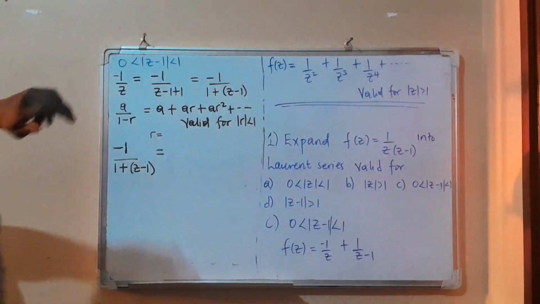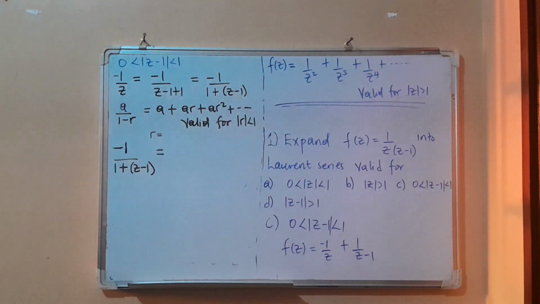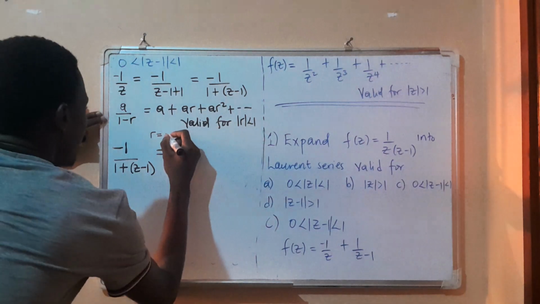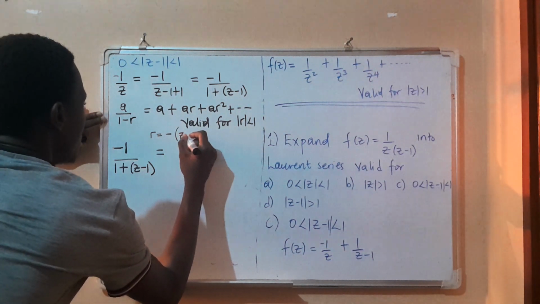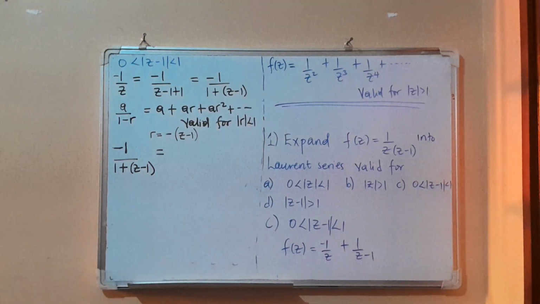Look at the denominators. R is negative z minus 1.